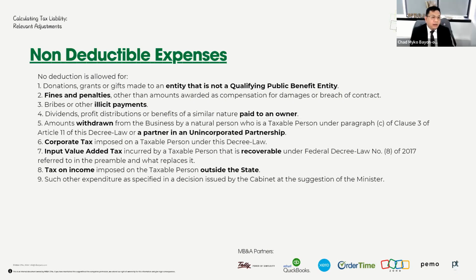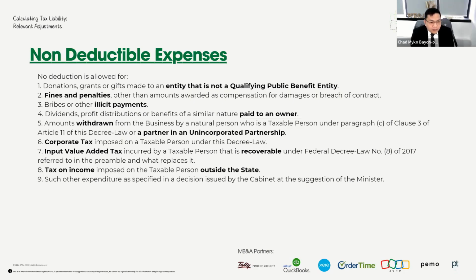Say, for example, you have incurred some expenses for maybe professional services, and the VAT portion of it was recovered, and then you are adding it back as part of your expenses. That shouldn't be done. That should be removed and considered as part of your input VAT recoverability and would not be added back again as part of your deductible expenses. So that should be adjusted.